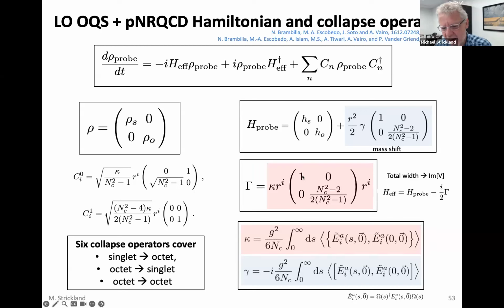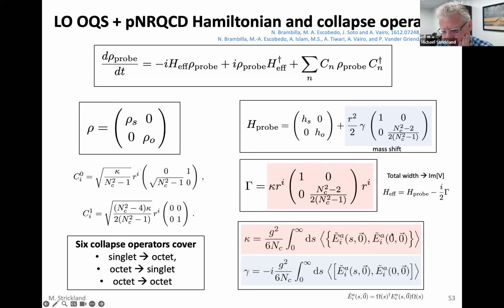And it will depend on whether you're currently a singlet or currently an octet. So you get a different width depending on the color state that you happen to be in at that moment in time. And as we can see, there's some coefficient that pops out here, which we've labeled as kappa. And if you go through the calculation, what you find out is that kappa is related to an anti-correlator between 2 chromoelectric fields in the medium. Actually, these tildes are a shorthand notation.